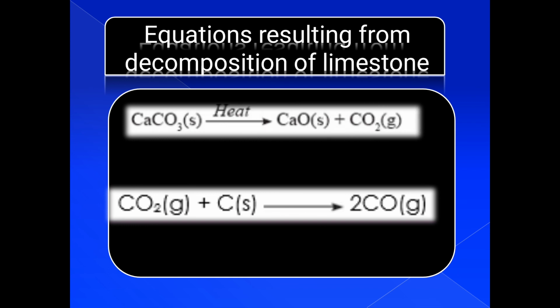Now, the carbon IV oxide from limestone reacts with carbon, remember, it is the coke that we supplied, to give us carbon II oxide. And what is the purpose of this carbon II oxide?